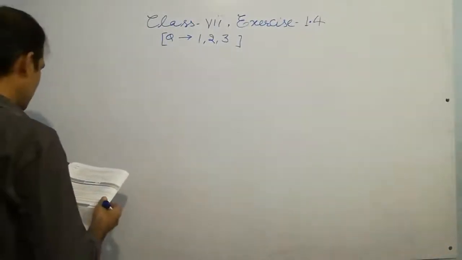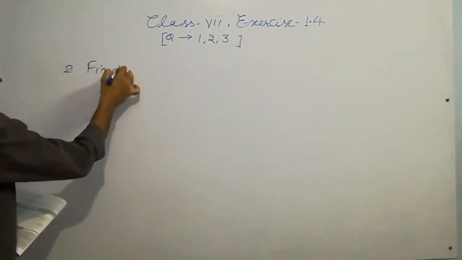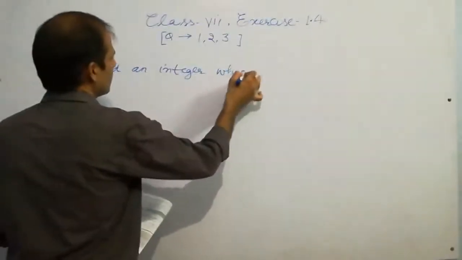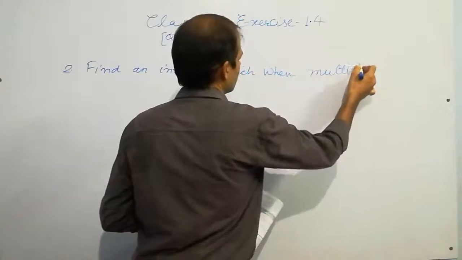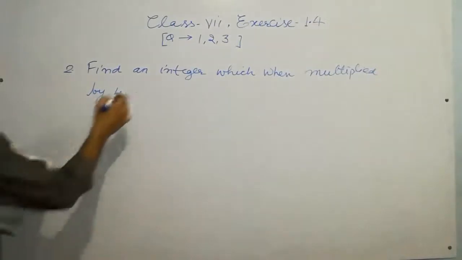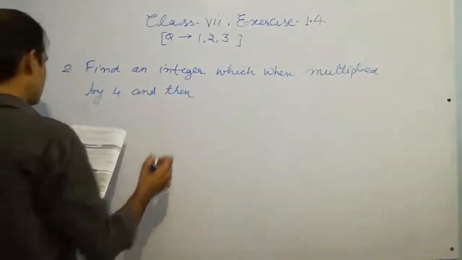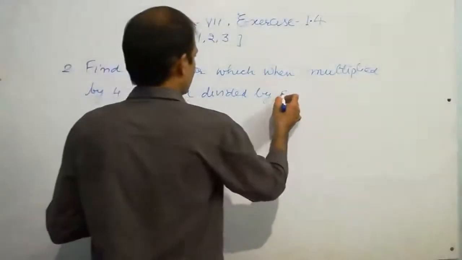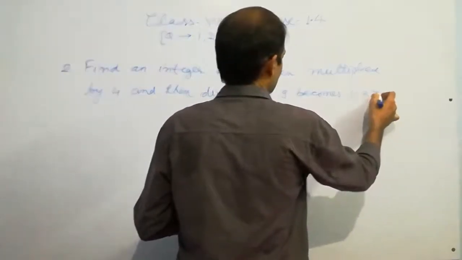Second question: find an integer which when multiplied by 4 and then divided by 9 becomes minus 28.